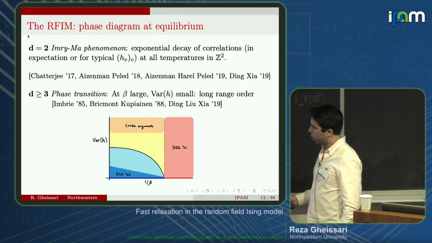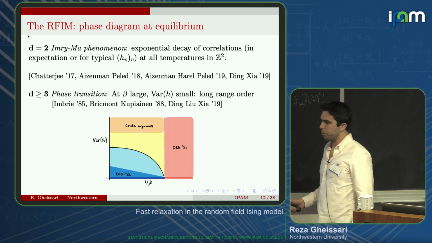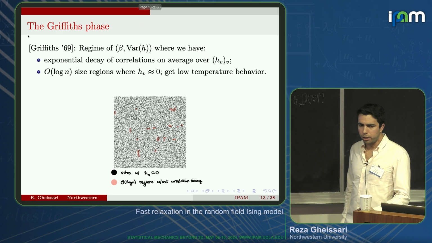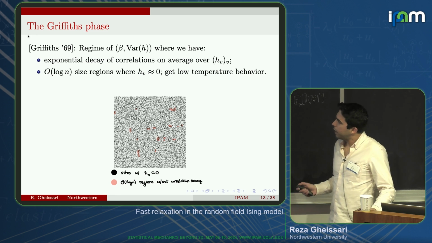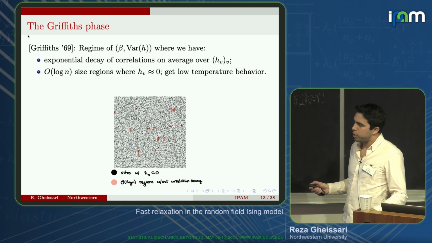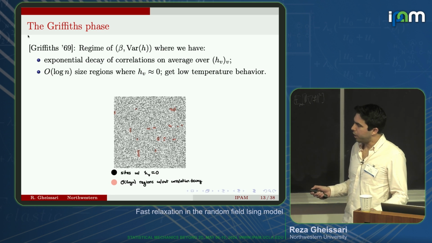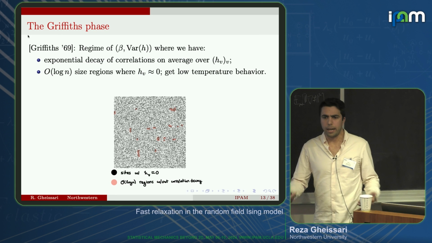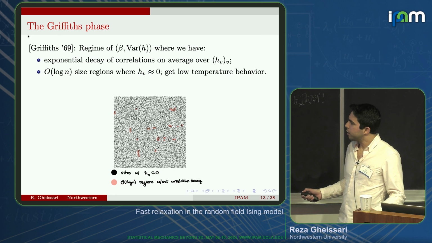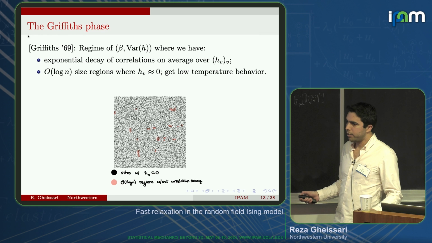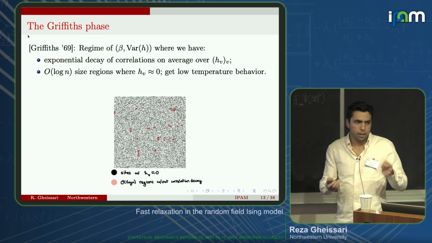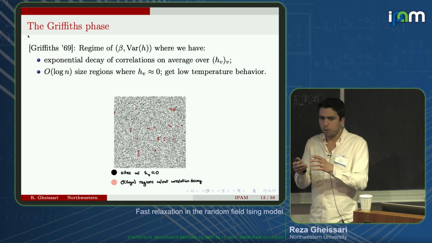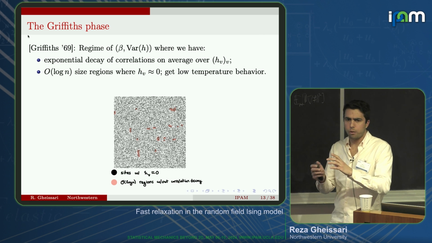Let me talk a little more about this region that I was saying is the most interesting. This is sometimes called the Griffiths phase. It's a regime where, as I said, in expectation or for a typical realization of H, you have exponential decay of correlations, uniqueness, high temperature behavior. But in an n by n box, by chance, there will be some small regions where the external field on all the sites there is really small, let's say. And so things look low temperature locally, and there you don't have any decay of correlations.